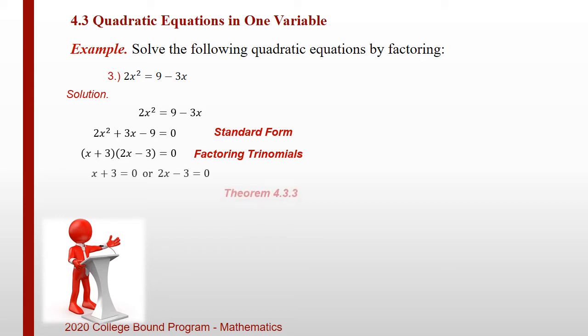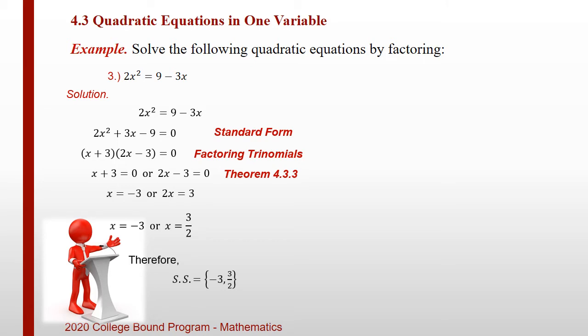And by the zero factor theorem, we can equate both factors to 0. Solving for x gives us x equals negative 3 and x equals 3 halves. Therefore, the solution set is the set containing negative 3 and positive 3 halves.